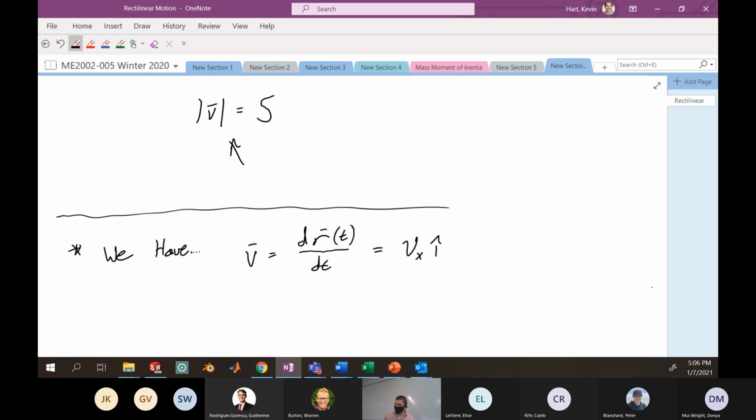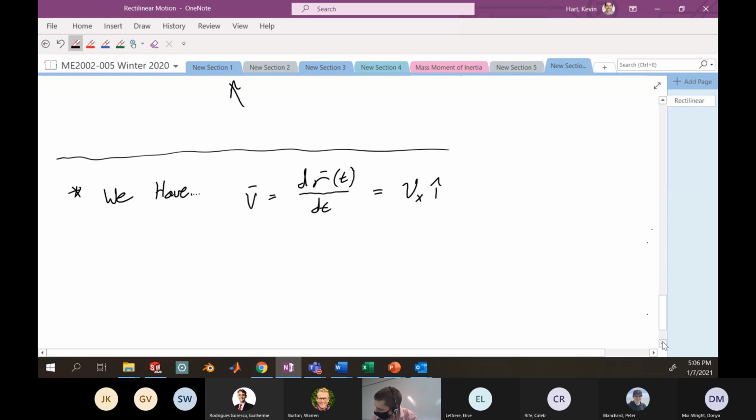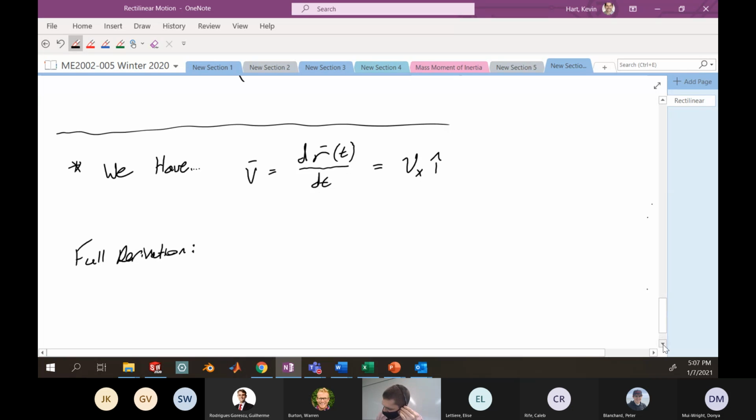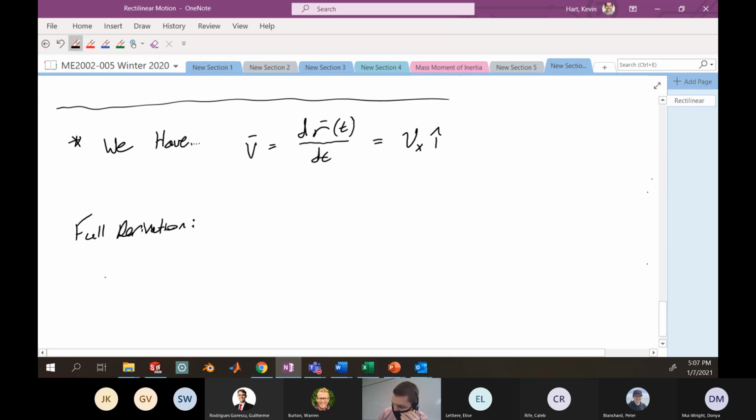Now I want to really go through this vector differentiation, because I think it's important. Full derivation here. Your velocity is the derivative of your position vector with respect to time.